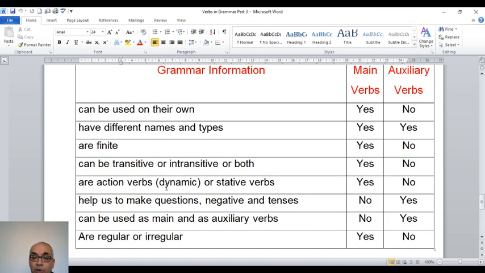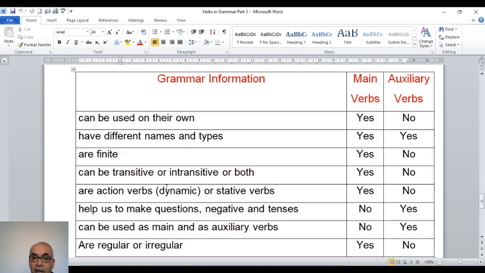This is the table, if you want to watch it, about main verbs and auxiliary verbs. You can look at it and this will help you. I will read maybe number 1, 2. Main verbs can be used on their own? Yes. Auxiliary verbs can be used on their own? No. Main verbs have different names and types? Yes.